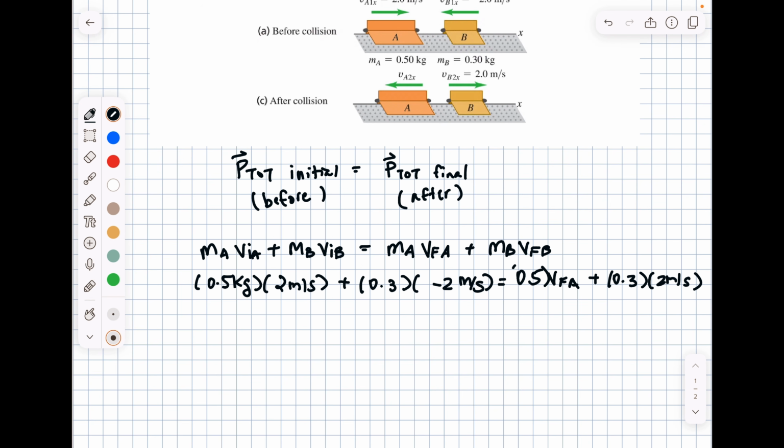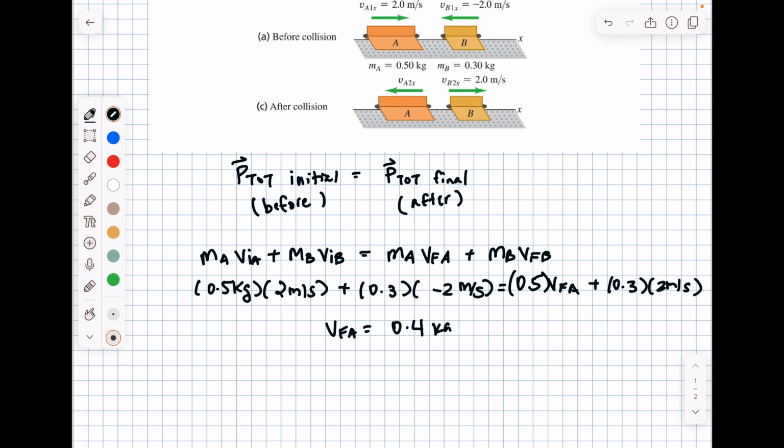All right. It's pretty easy to solve for the final velocity here, right? Minus 0.3 times 2. There we go.